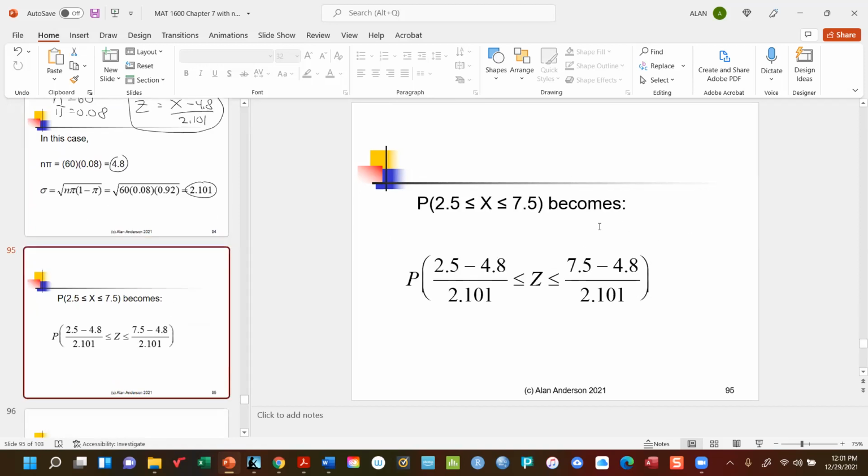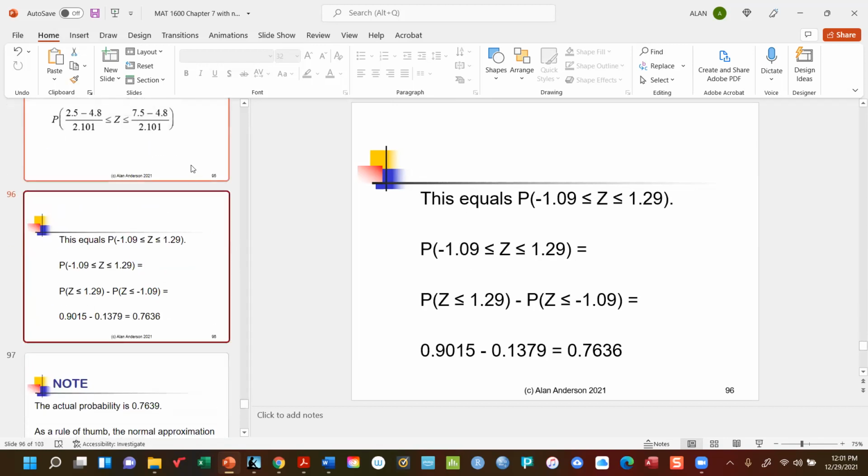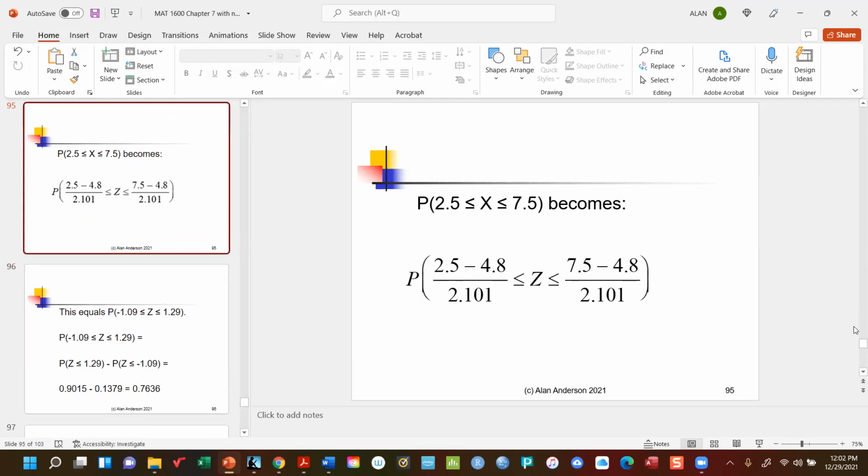So with this interval, what I'm going to do is subtract, as we said, 4.8 and divide by 2.101. And when we do that, it turns out this is equal to approximately negative 1.09 up to 1.29.